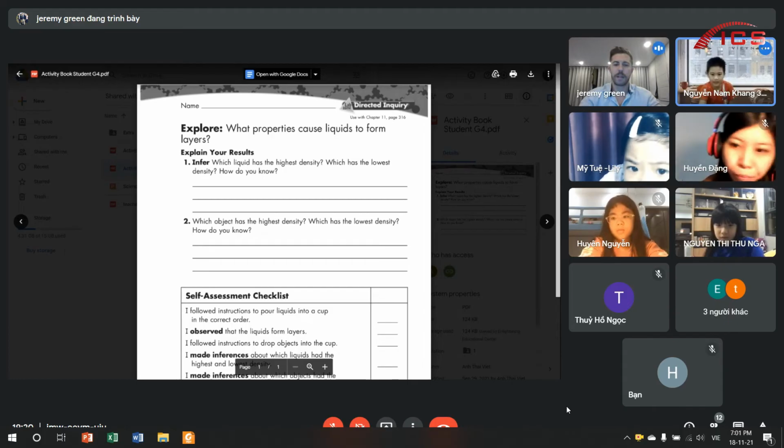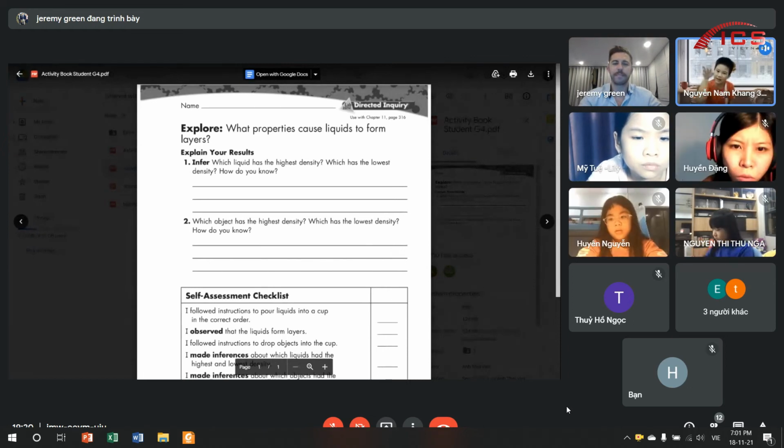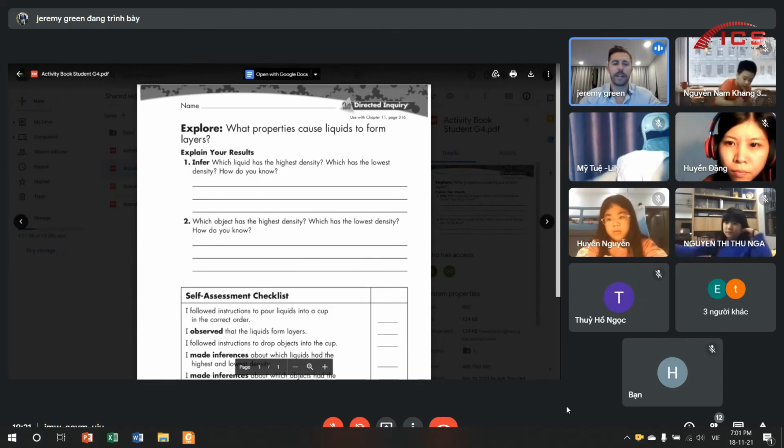And the styrofoam, which makes things float, will be the lowest density, and the rubber band can also float, but maybe a little bit lower than the styrofoam. So that means it has more density than the styrofoam. Very good.